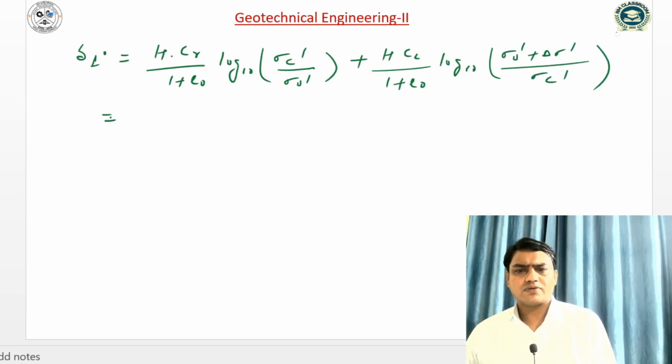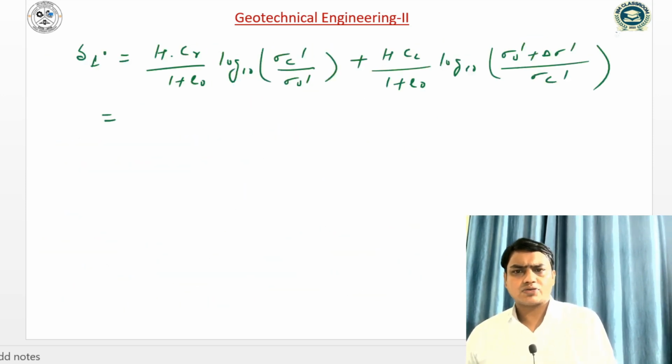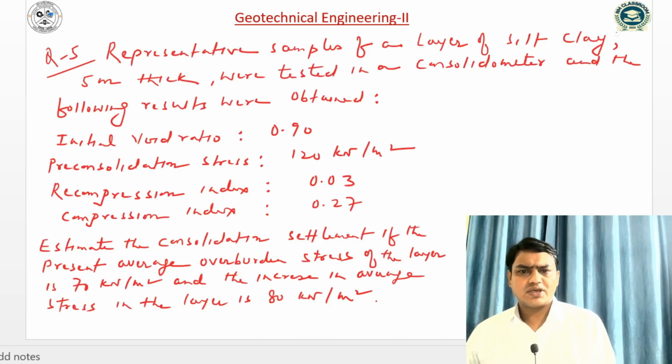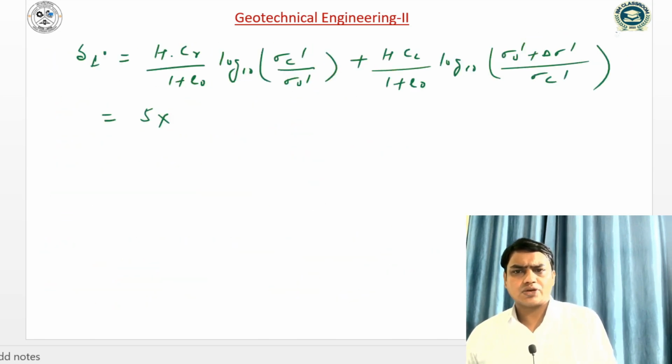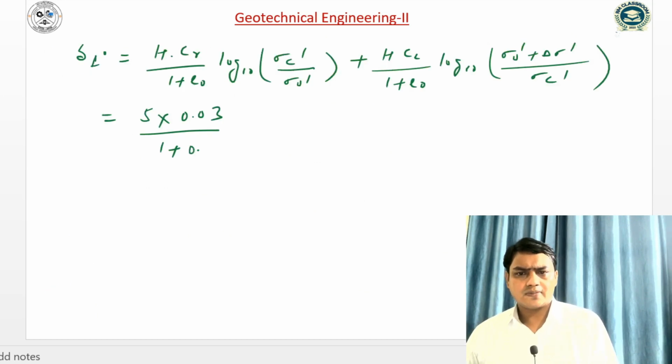So put the values. Thickness of the layer is given, that is 5 meter. So 5 into recompression index, it is given 0.03. Initial void ratio is 0.9.